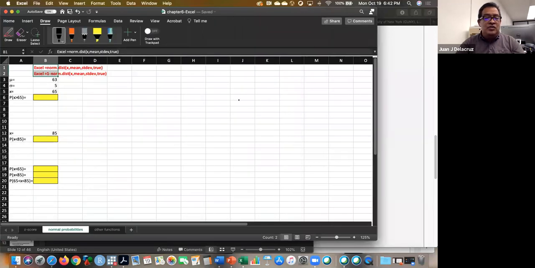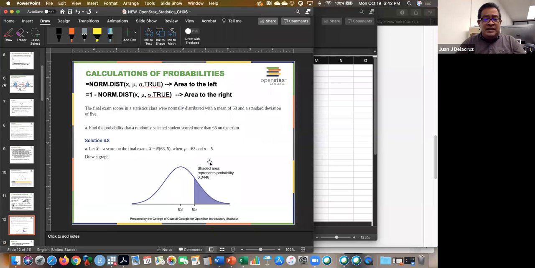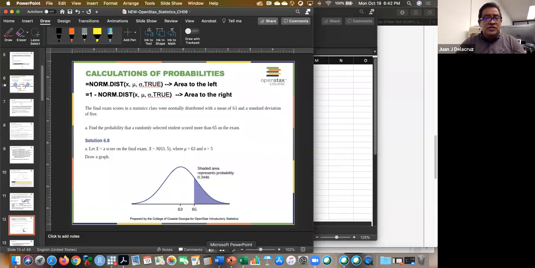Let me go again. So this is the area that is more than 65. Hold on. Let's read the case. The final exam scores in a statistics class were normally distributed with a mean of 63 and a standard deviation of 5.